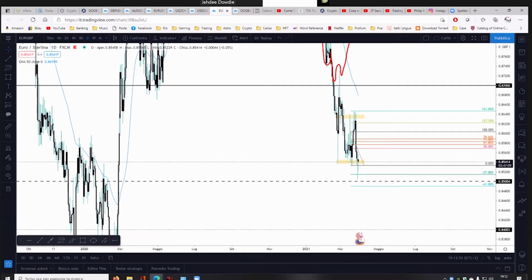So the traditional analysis that we do with the MA, the Fibonacci, support, resistance, trend line, sometimes gets messed up.